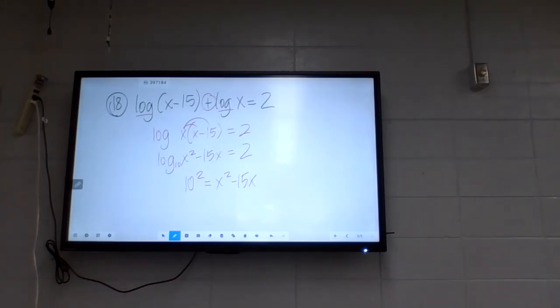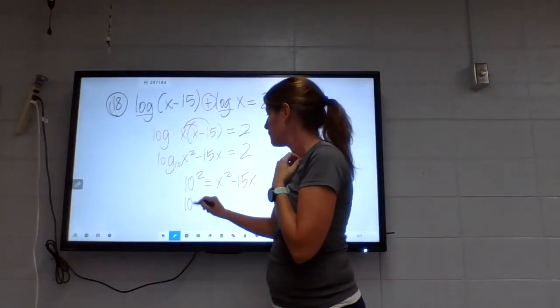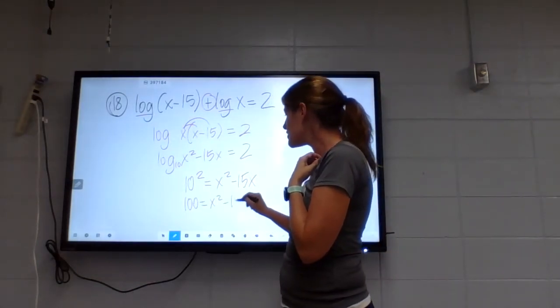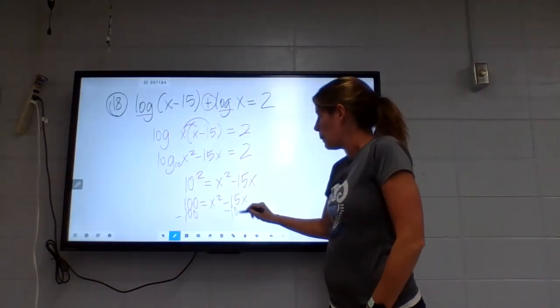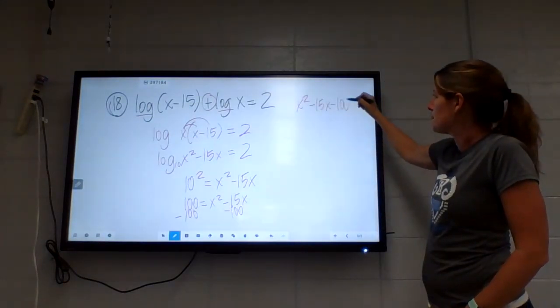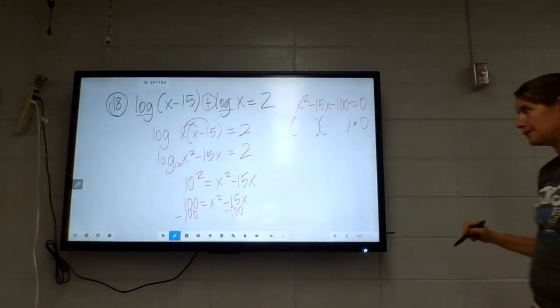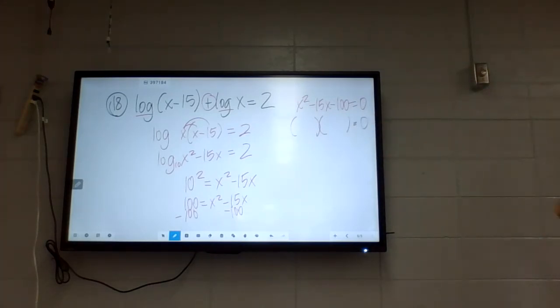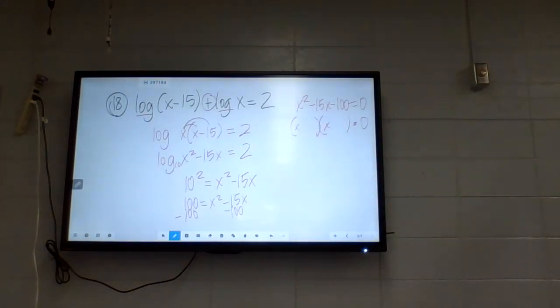Okay? Now 10 to the second becomes 100. So I need to solve this now. I'm going to move this 100 over. And we talked about the factoring yesterday. If you're still a little bit rusty on it, we know it has to start with x and x because of that x squared.